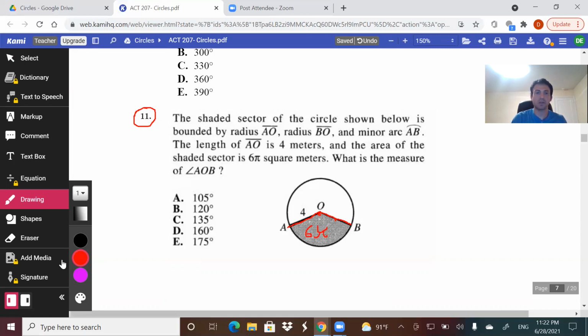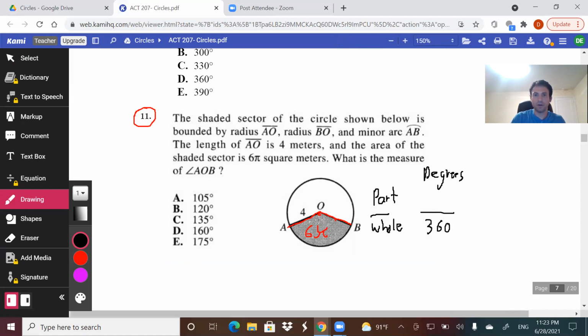Okay, so this is actually kind of identical to the one we just did. I probably should have picked a problem slightly different, but anyway, we always go part to whole. And we always know with degrees that we have 360 degrees. So with any circle problem, if we're trying to figure out a piece that we don't know, we can always use the idea that we have 360 degrees as a whole.